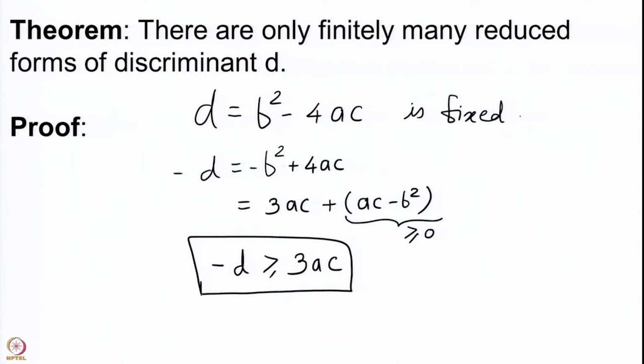Minus D is a fixed positive integer. The multiples of 3, the multiples which are positive, remember A and C are both bigger than or equal to 0. So, the possibilities for A and C are finitely many, because the multiple 3AC is bounded above by minus D. So, we have that there are only finitely many choices for A and C.